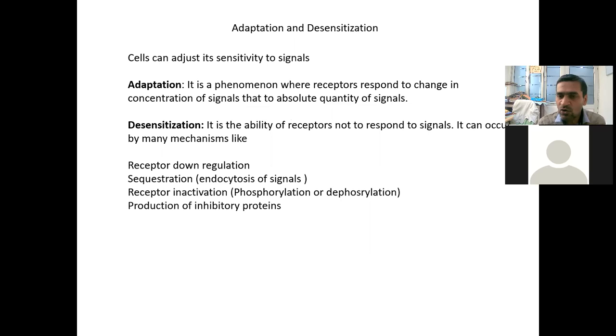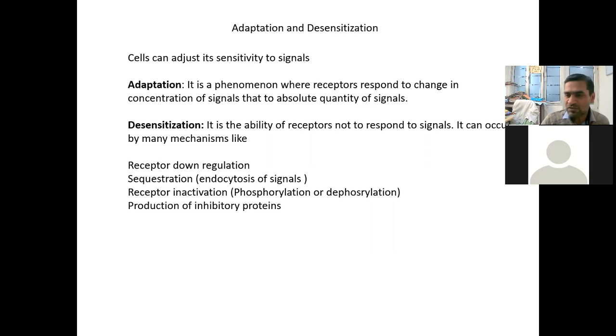If you are giving less, if there is a small amount of signal molecules, it will diminish the response. If you are giving a high amount of signal, it will increase the response. So receptors are able to change the response depending upon the absolute quantity of the signal. If low signal is there, low response will be observed. If a high amount of signal is there, then a high amount of response will be there. So this is called adaptation.